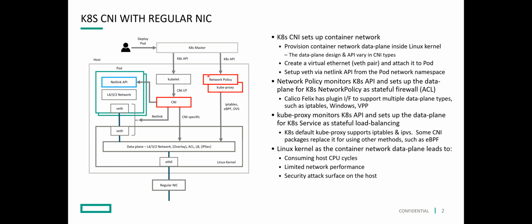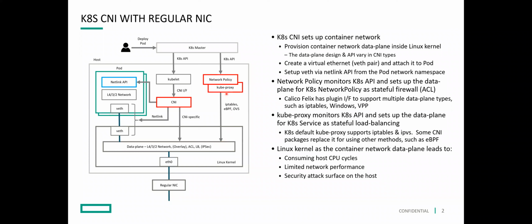The network policy has a controller running on every worker node, just like the kubelet. It monitors the Kubernetes APIs and calls the data plane API to set up the stateful firewall. This may be through iptables or eBPF or OVS, depending on the type of network policy you pick to use.